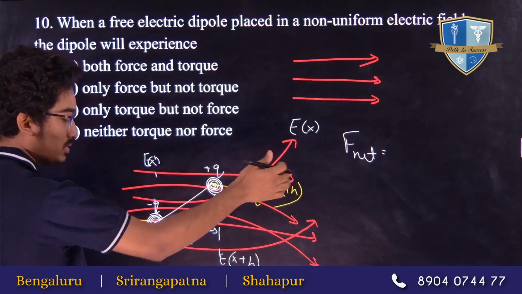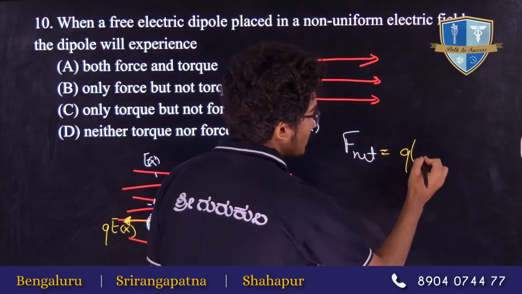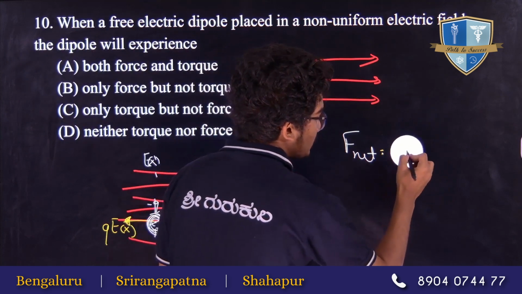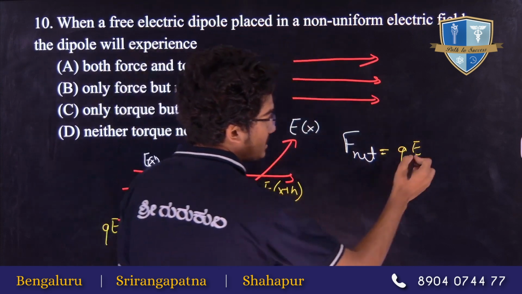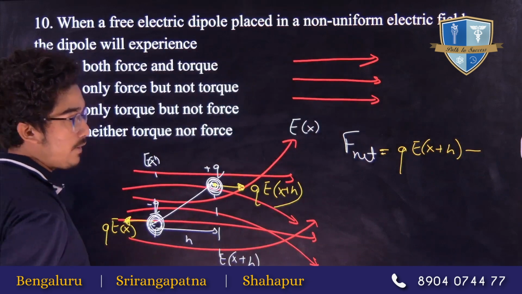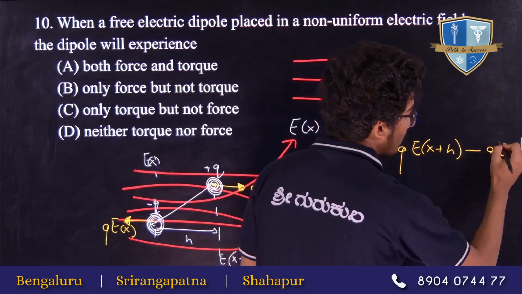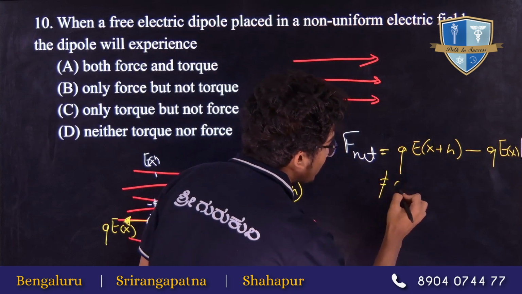This is in the positive direction, this is in the negative direction. So F net will be equal to q times E of x plus h minus q times E of x. They are not equal, so F net is not equal to 0.